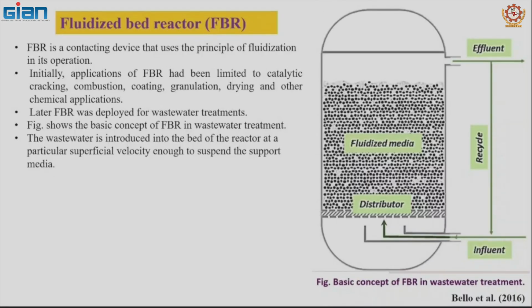And in the suspended condition the treatment takes place. So the contaminants are either removed or degraded to some innocuous end product in this bed. Then we take out the effluent, and there may be recycle of the effluent if it is not meeting the discharge standard, which is necessary.